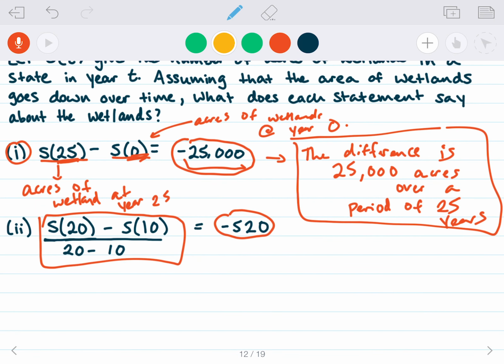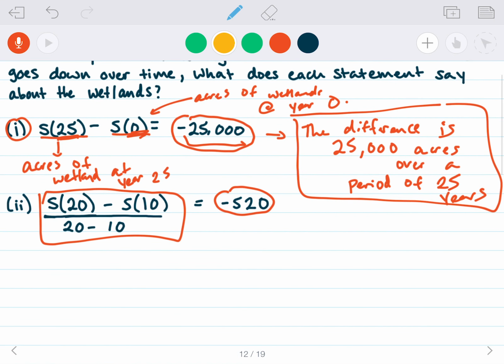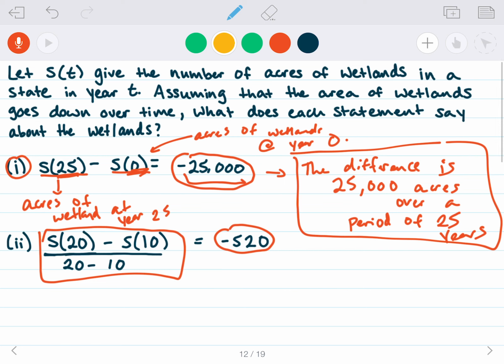Well, if we look at the top, what are the units of the top? Well, the units of the top are in acres, right? S of 20 minus S of 10. So on top we have acres. On bottom we have T is our time. That's going to be in years, acres per year. So acres per year, it's negative 520 acres per 1 year.